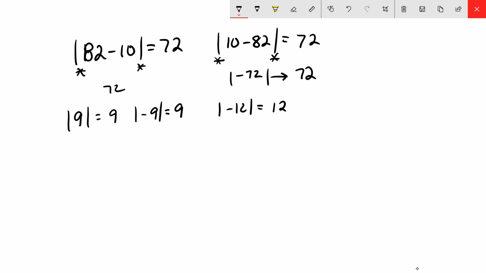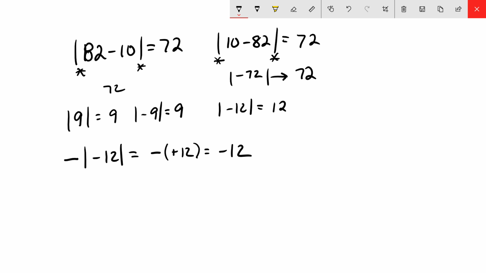If I have the opposite, negative the absolute value of negative 12, that's going to be the same as, I'm going to keep this negative sign out here, but then I get my positive inside because the absolute value of negative 12 is positive 12. So there my answer is going to be negative 12. If I'm wanting to keep my negative sign, it's going to have to be on the outside of my absolute value bars.